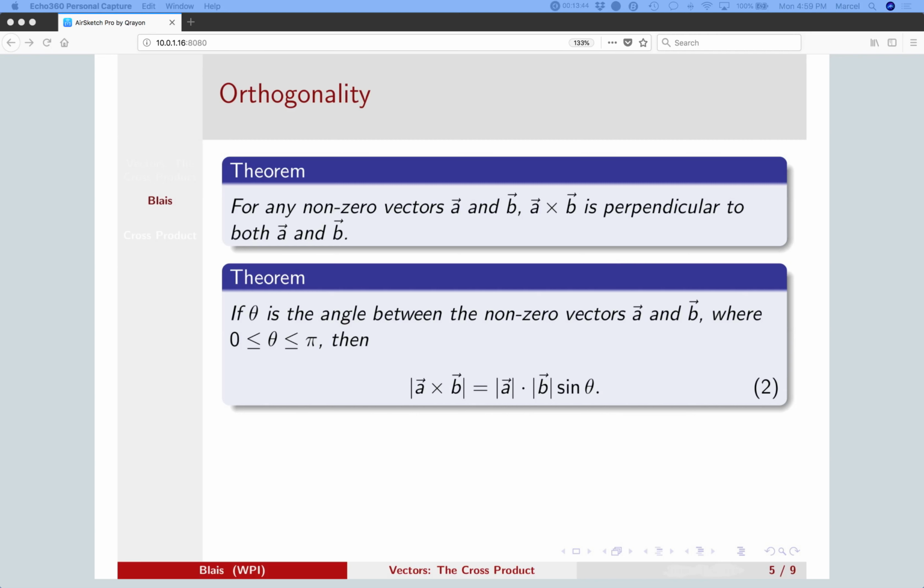Okay, if they're perpendicular, and by the way you can picture it, let's imagine our two vectors in 3D.